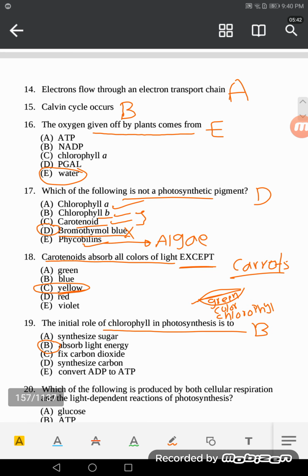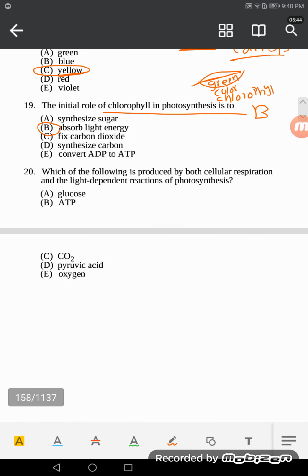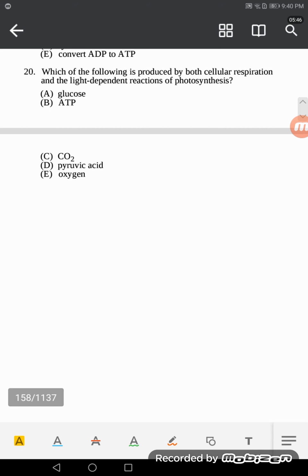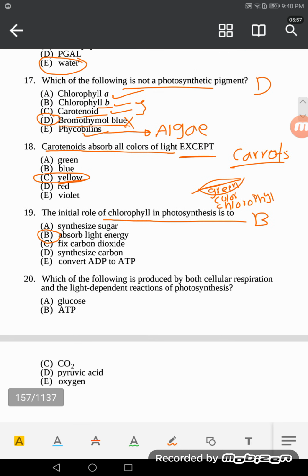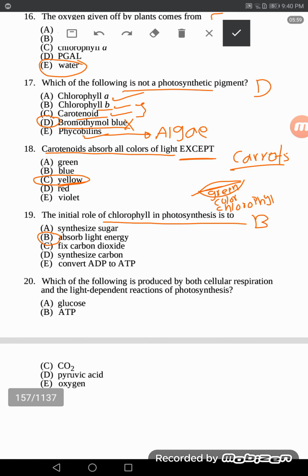The last question that we have says, which of the following is produced by both cellular respiration and light dependent reaction of photosynthesis process? So we know that during cellular respiration and light dependent reaction, ATP is produced. It's the aim of these processes.